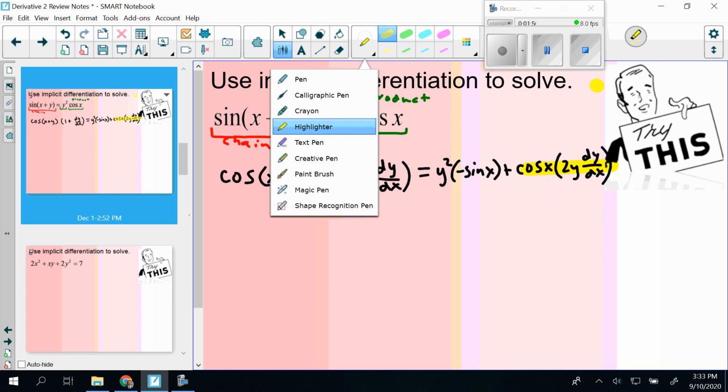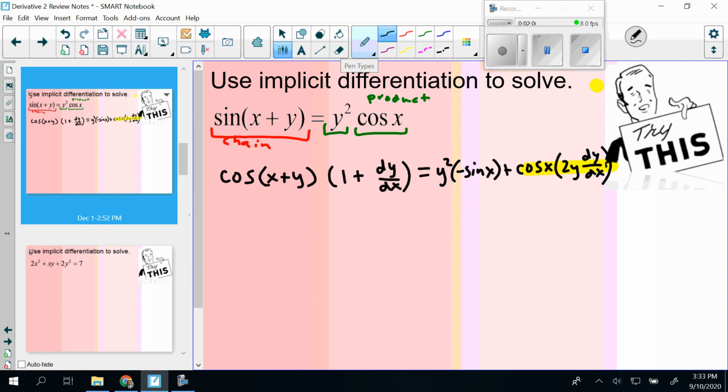we have both. We have this dy dx here, but it's going to need to get multiplied first through because it's stuck in that parenthesis. So we do have to distribute there before we can advance on. So let's do our distributing. Cosine times 1 is just going to be cosine x plus y. Then if we multiply that other one, it's also going to be cosine x plus y, but times dy dx.